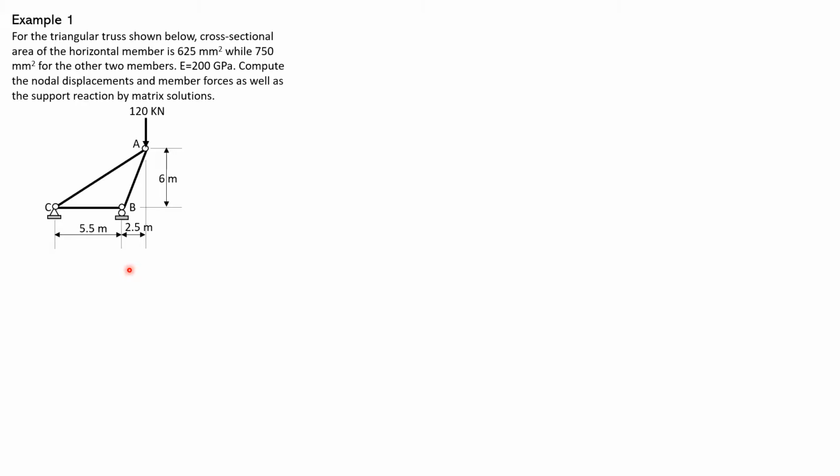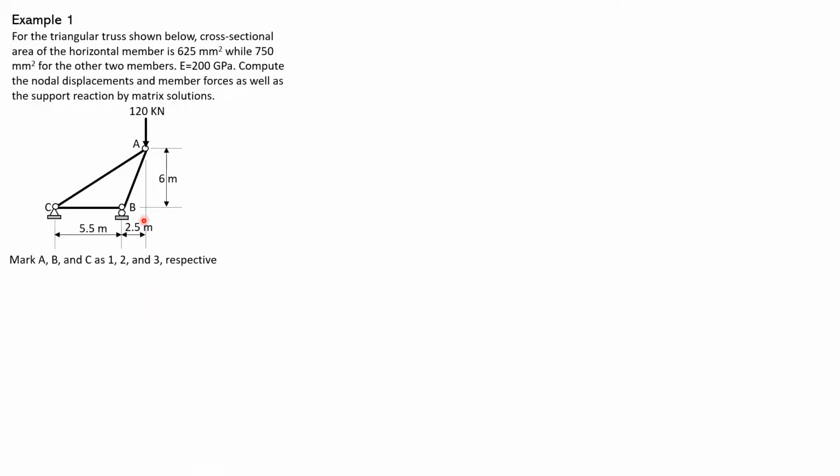We expect 3 equations and 3 unknowns, though the structural stiffness matrix would be 6 by 6 because there are 2 expected movements at each support.